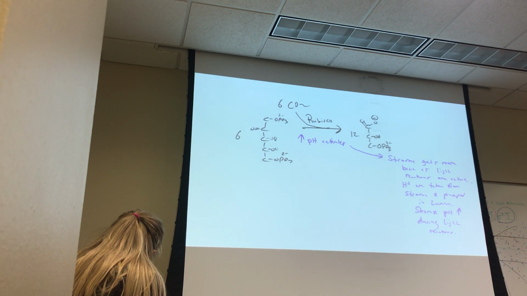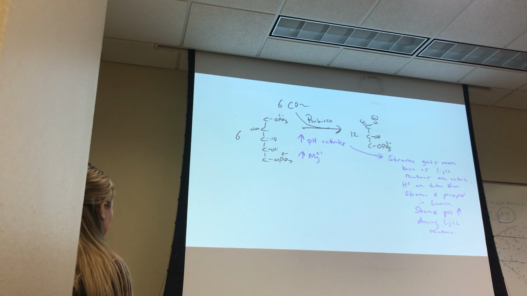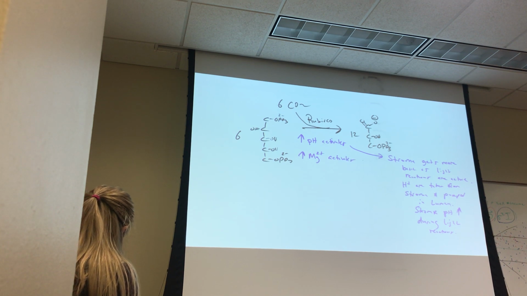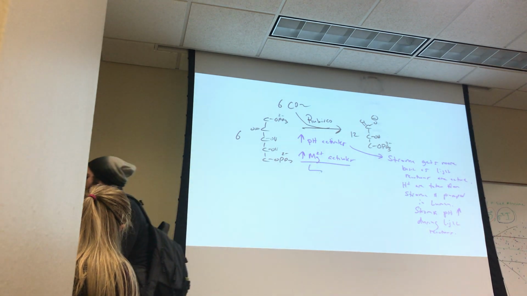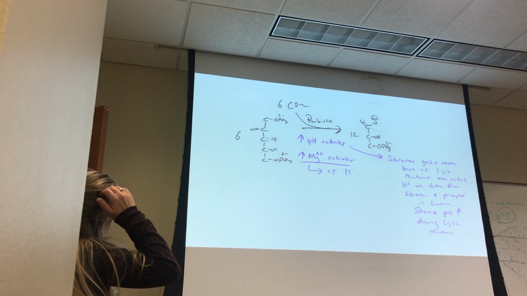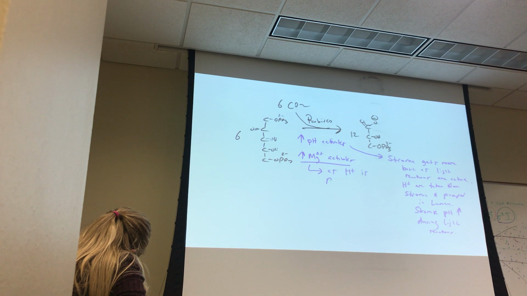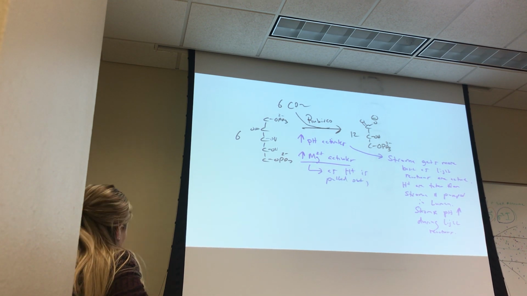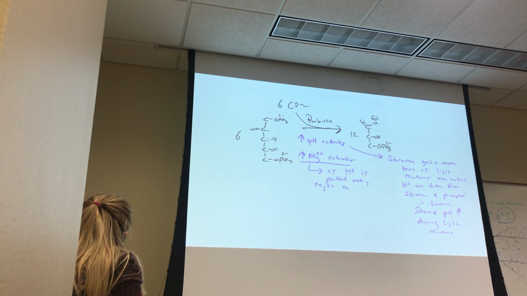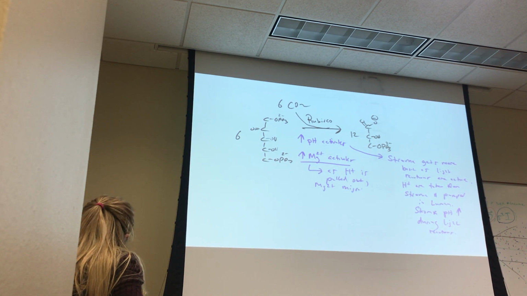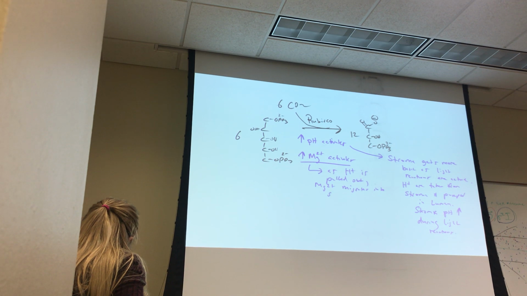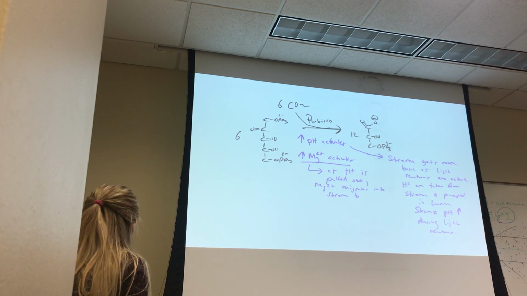Okay. The other thing is an increase in magnesium 2+ activates Rubisco. And this is because as H+ is pulled out, Mg2+ migrates into the stroma.